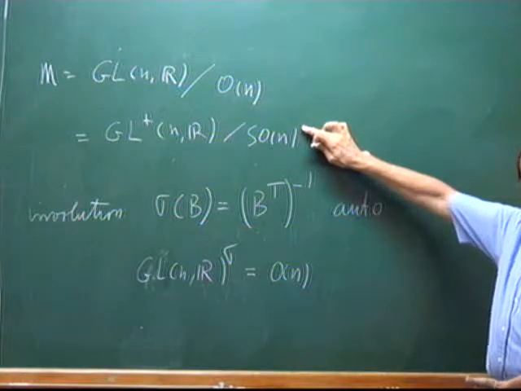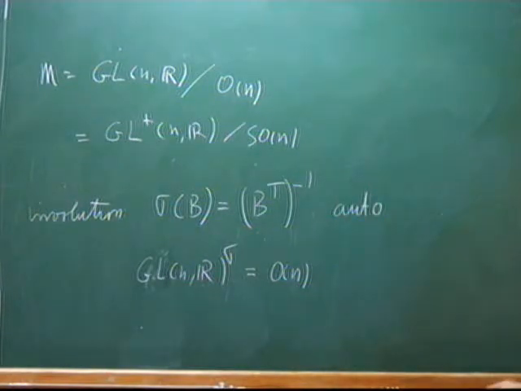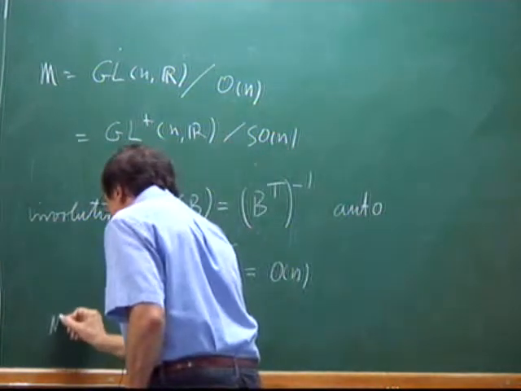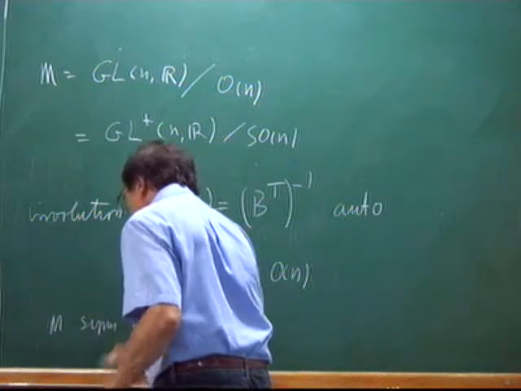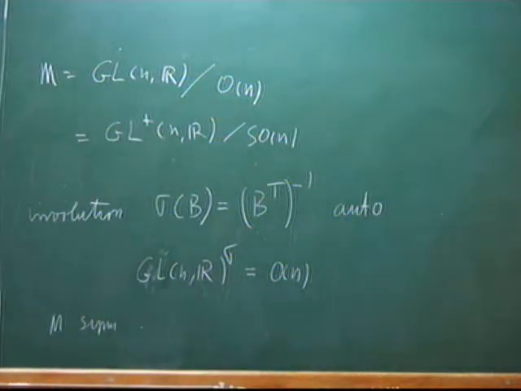There's no choice. This has to be the automorphism. So that means this is symmetric now. Again, there are some special things one can say about it. Namely, this space is not irreducible.